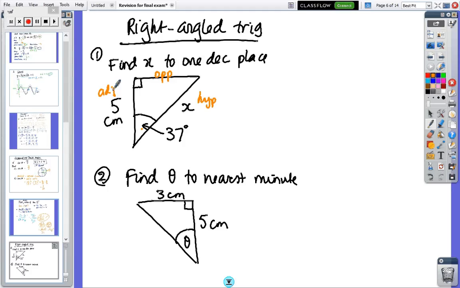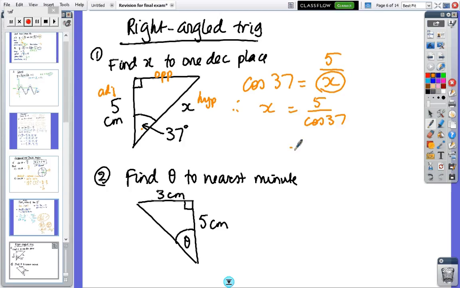So we've got adjacent and hypotenuse, so we've got a cos question, so cos 37 equals adjacent over hypotenuse, so we've got a division question, x is on the bottom, so we have a divide. Turn the calculator on, make sure it's in degree mode. Cos 37, and that equals 6.3 centimetres to 1 decimal place.